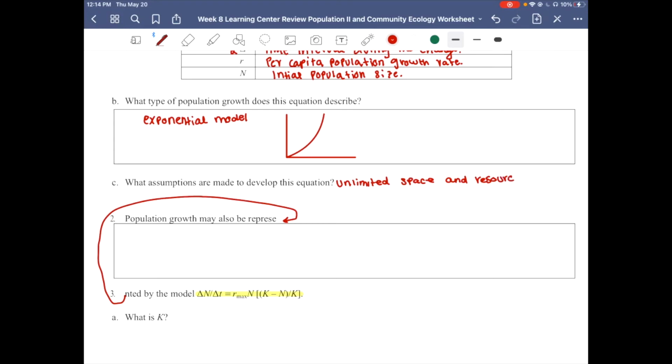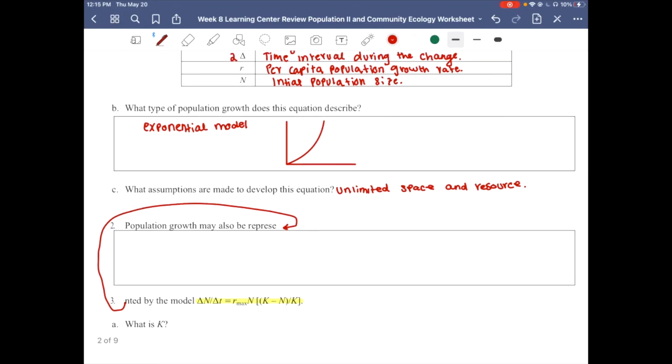The reason we need to make this assumption is because in order for a population to continuously grow exponentially, there needs to be enough space for the new offspring to live, and also enough food, water, and other things for the population to continue growing at such a high trajectory. But we know that's not how it is in the real world, right? We usually reach a carrying capacity and things like that. So that's why we're going to look at a different equation.